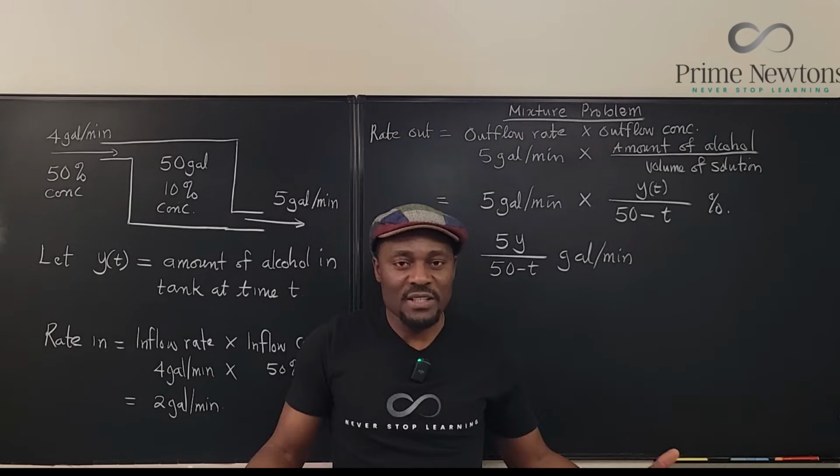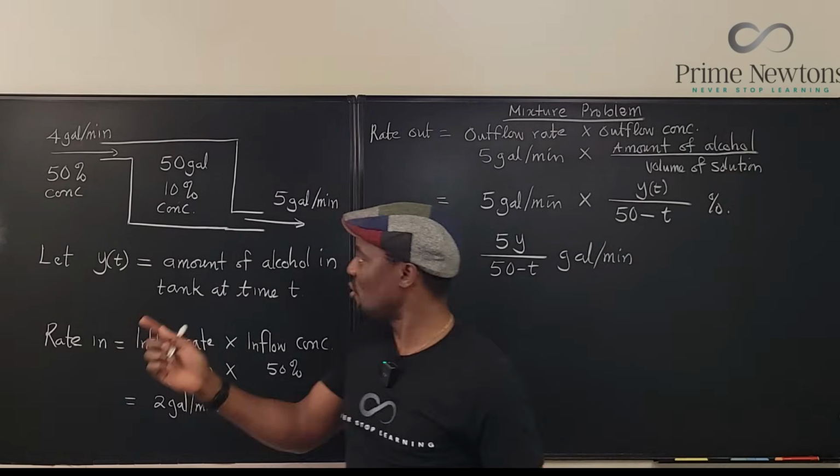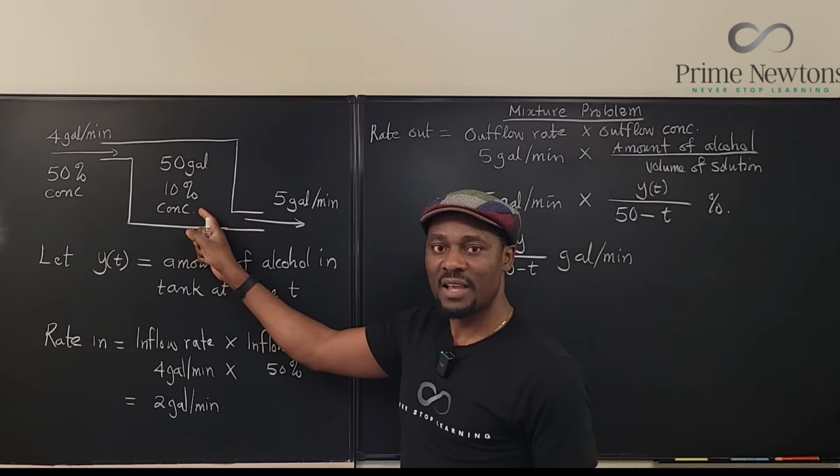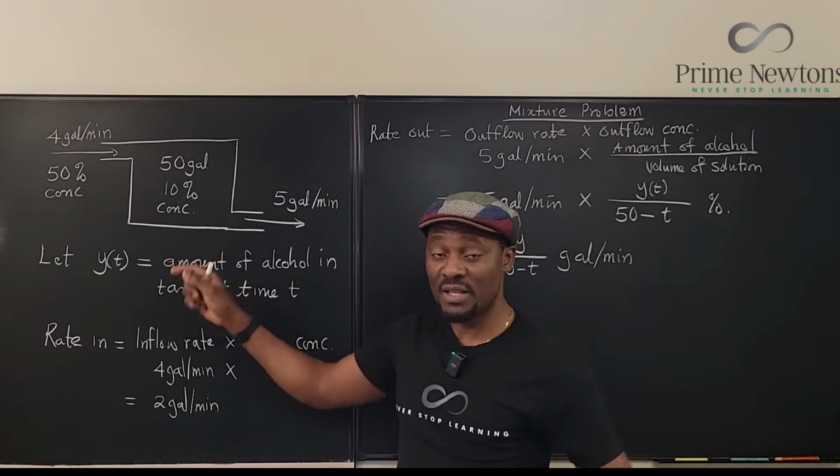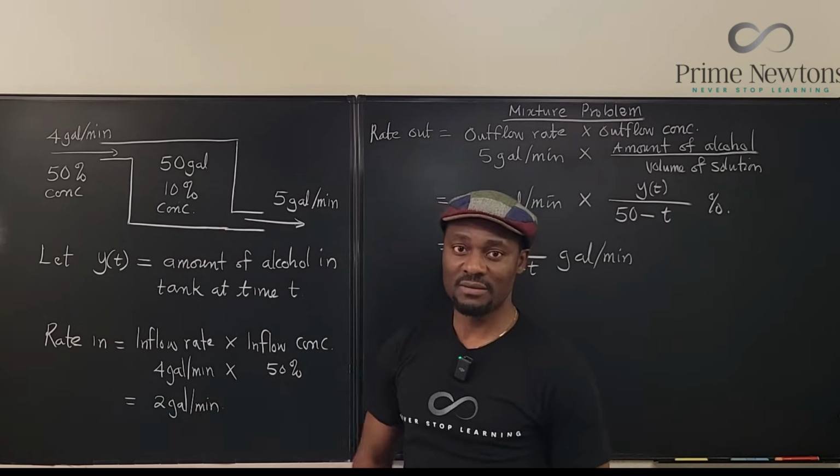So what is the rate at which alcohol is accumulating in the tank? It is the difference between what is coming in and what is going out.